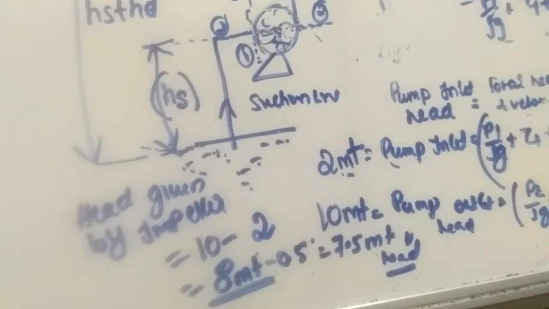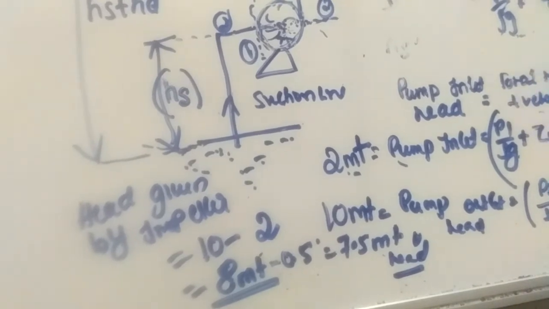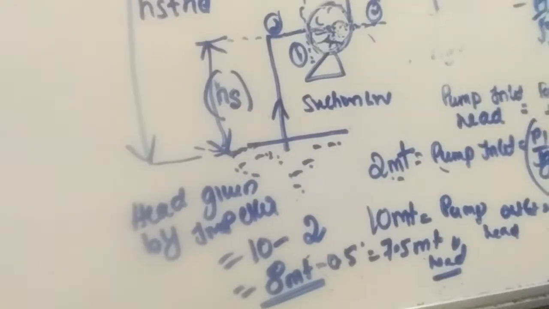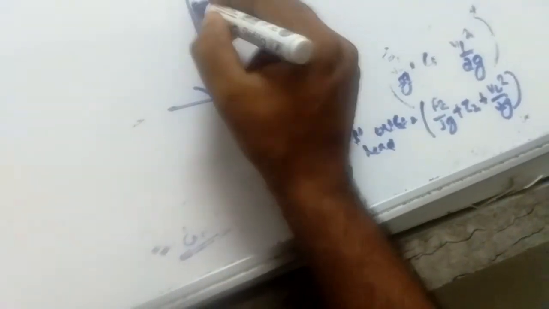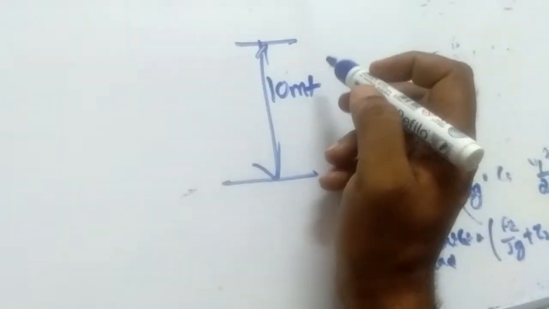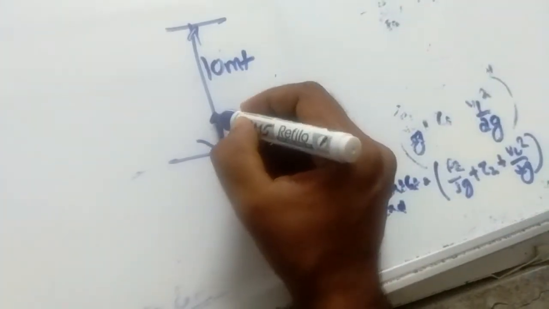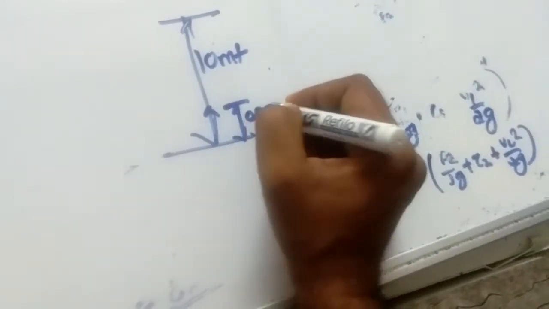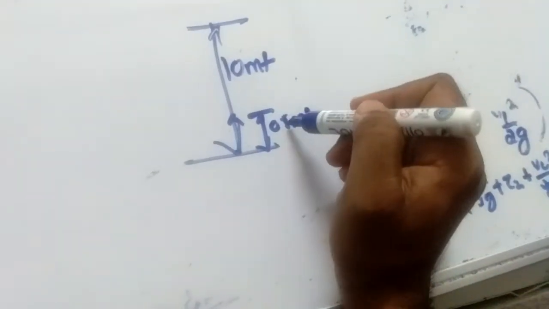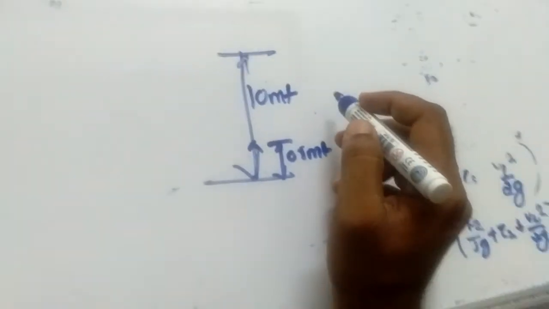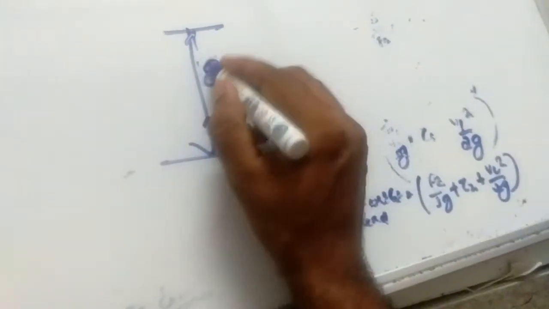This is the head given by the centrifugal pump. The pump gives 10 meter height, and some losses take place, just 0.5 meter.